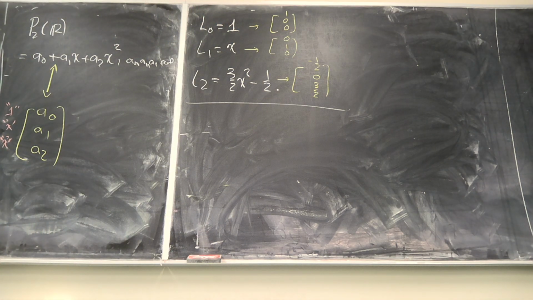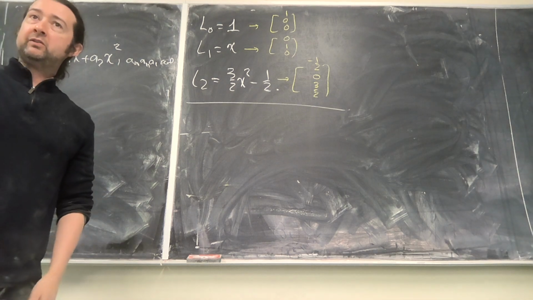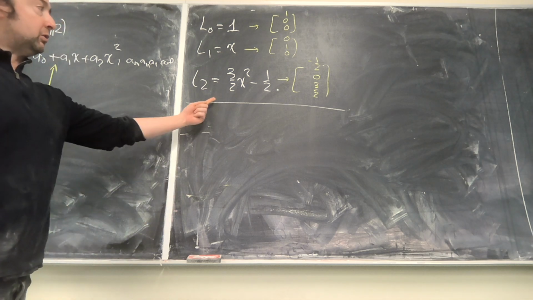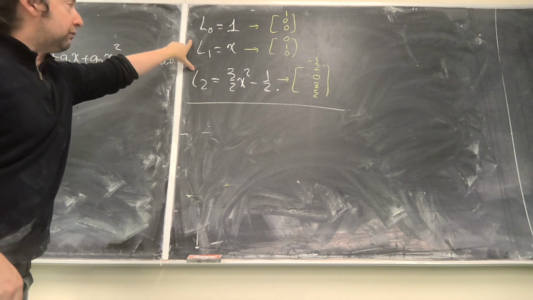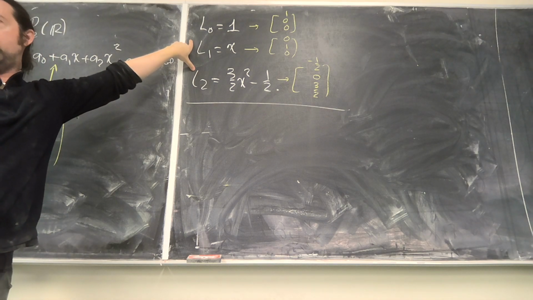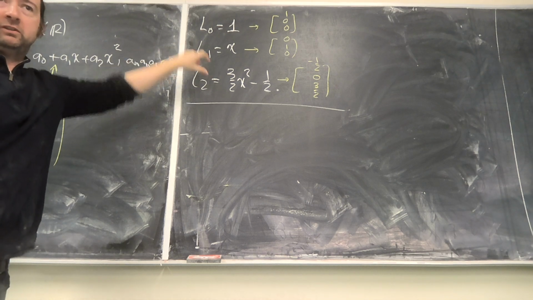Now the question, if you're an applied mathematician, might be: is it sufficient for me to study all my second degree polynomials by just expanding them in terms of these? This is a core idea of applied math, that these polynomials have really nice properties. If only every polynomial could be written in terms of them. If only every second order Taylor expansion could be written in terms of these.